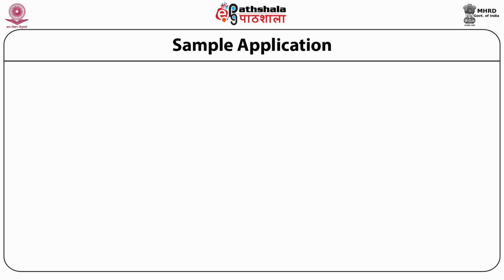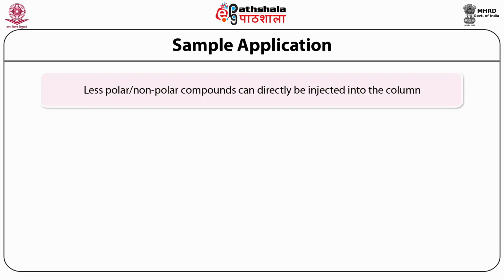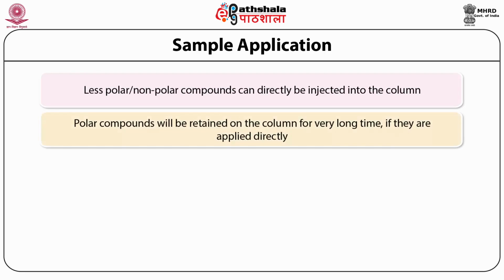So let's just go through the list of steps that I mentioned in the previous part that are used to inject the sample into the GLC column. The less polar or the non-polar compounds can directly be injected into the column. The polar compounds will be retained on the column for a very long time if they are applied directly.